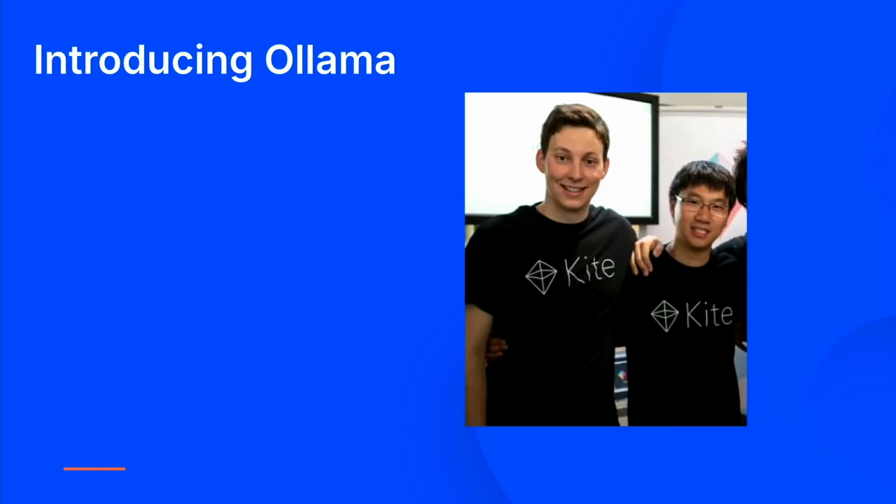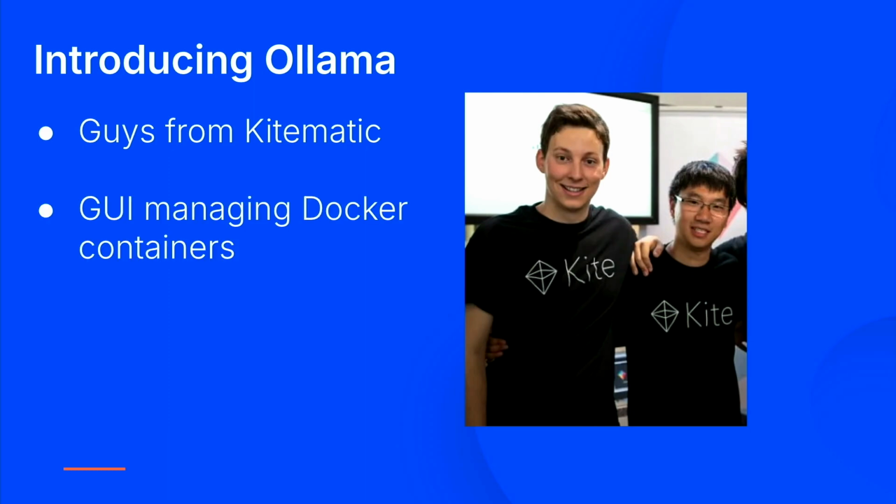And if you have used Docker before, if you observe the GUI or the CLI that they have, it is similar to the early iterations of Docker. Because the guys that made Ollama are from Kitematic.